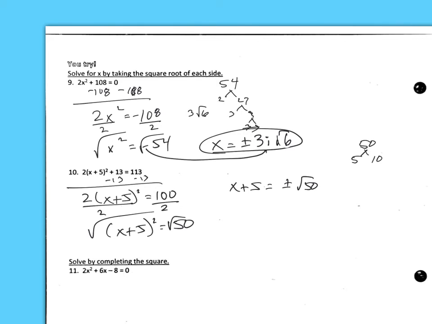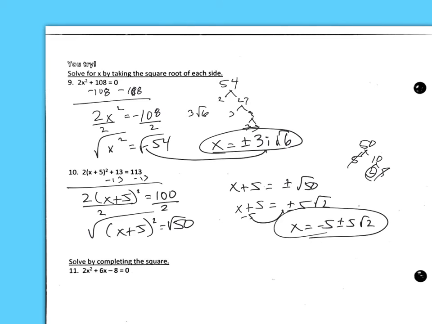That's 5 times 10, and 10 is 2 times 5. So here's a pair of 5s that's coming out. And here's the radical 2 stays home. Then when you subtract the 5, put it in front of the plus or minus. All right, how'd you do? Did you find your mistakes if you made any?